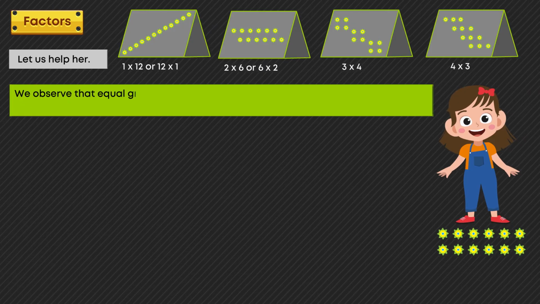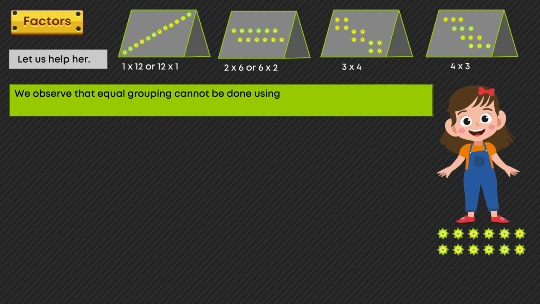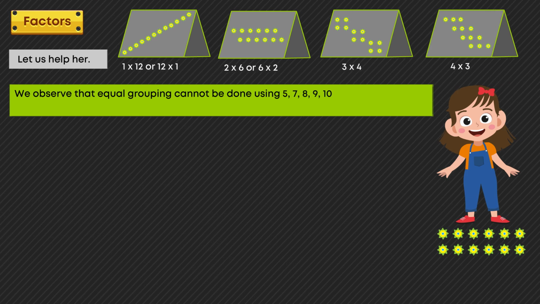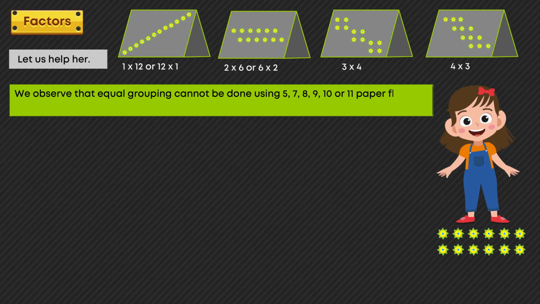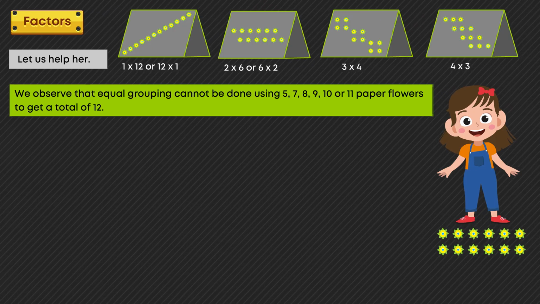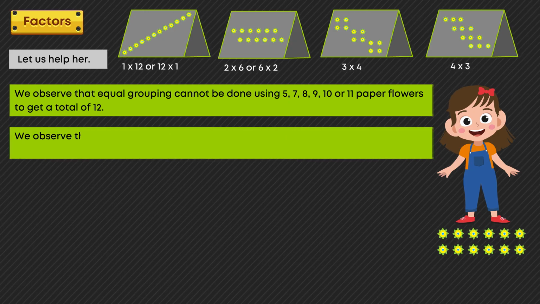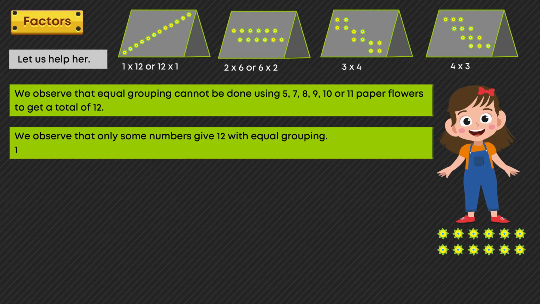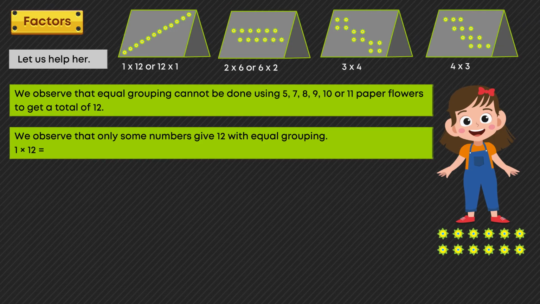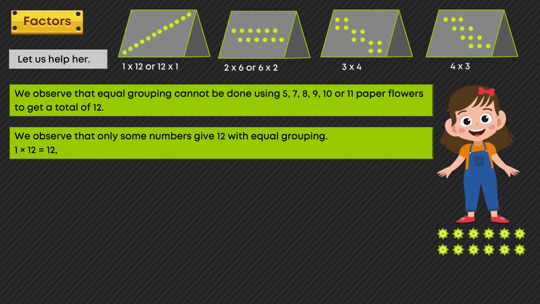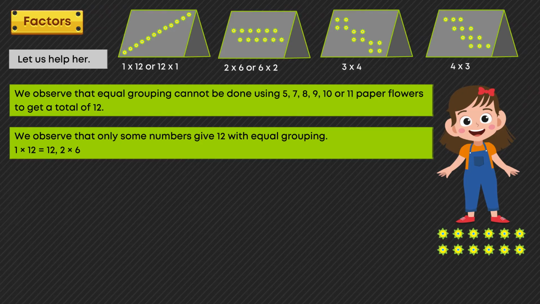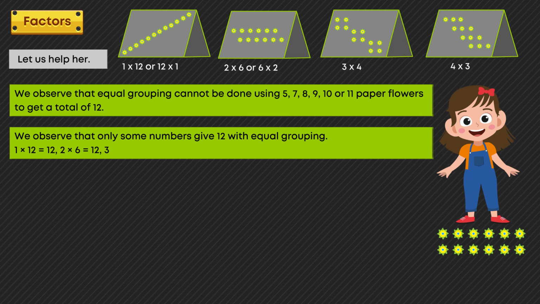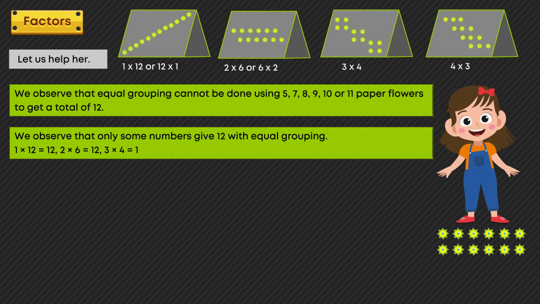We observe that equal grouping cannot be done using 5, 7, 8, 9, 10 or 11 paper flowers to get a total of 12. We observe that only some numbers give 12 with equal grouping. 1 into 12 is equal to 12. 2 into 6 is equal to 12. 3 into 4 is equal to 12.